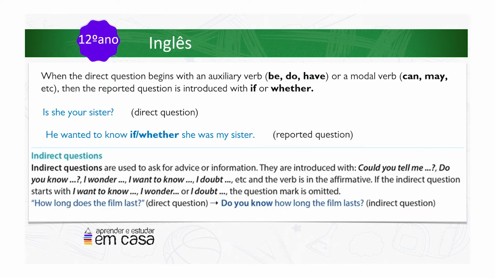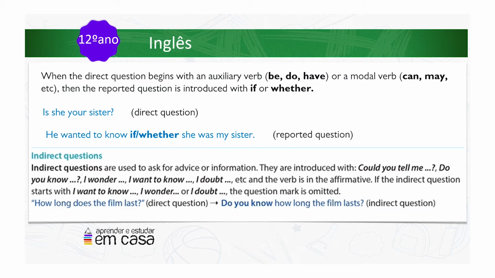When the direct question starts with an auxiliary verb, so the auxiliary verbs that we have seen so far are be, have, or do, or a modal verb, then the reported question is introduced with if or whether. To make it simpler, when you have a question that the answer may be yes or no, we start with if or whether.